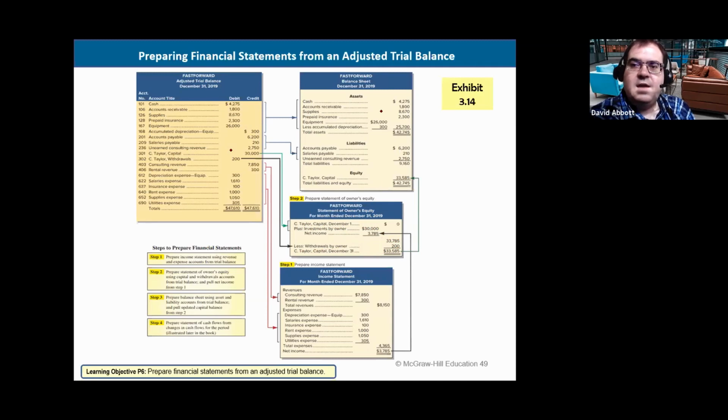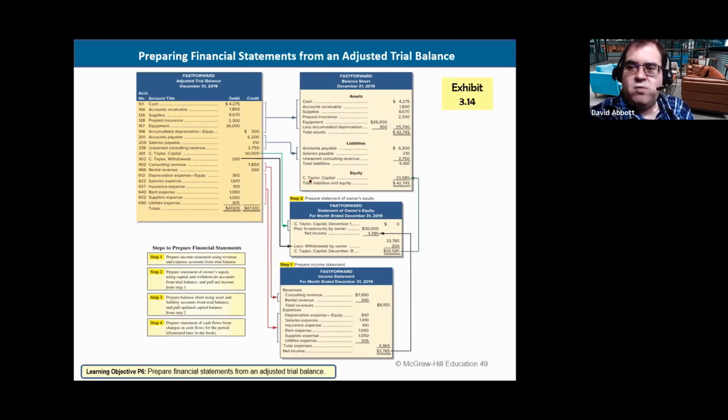And then finally, we can go ahead and prepare the balance sheet. We can simply copy over the amounts for our assets. And then we notice here equipment, and then we have the depreciation amount, what was used up. So that's how much of the equipment we still have on our books. We add up all of those. Same thing with our liabilities, we just copy those over.